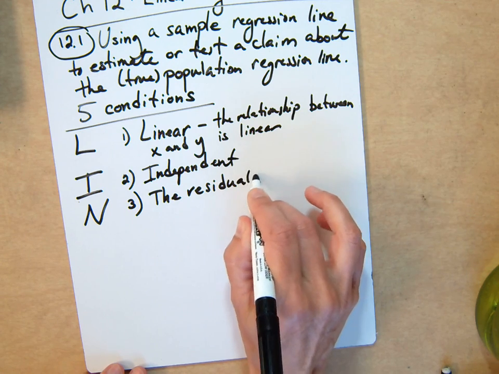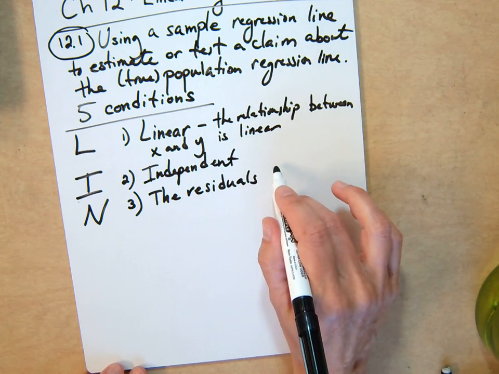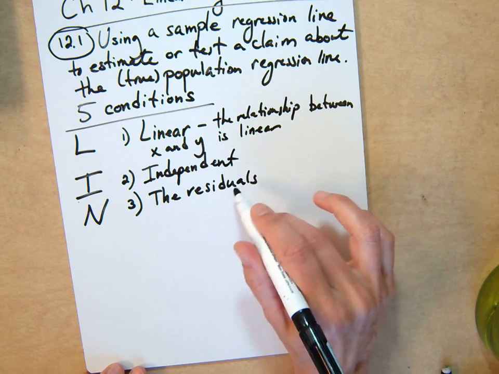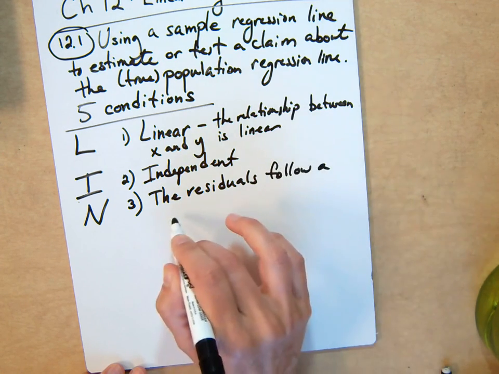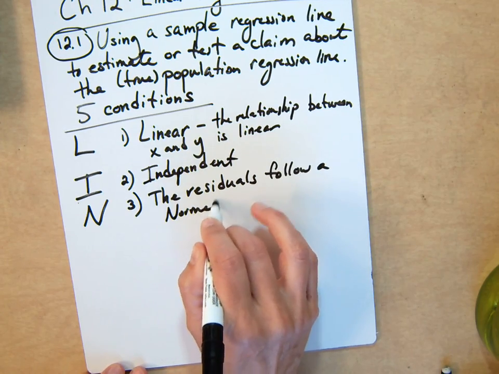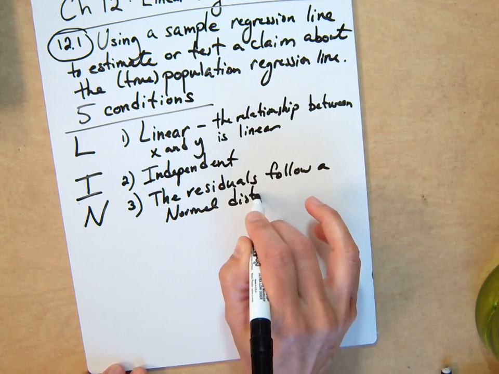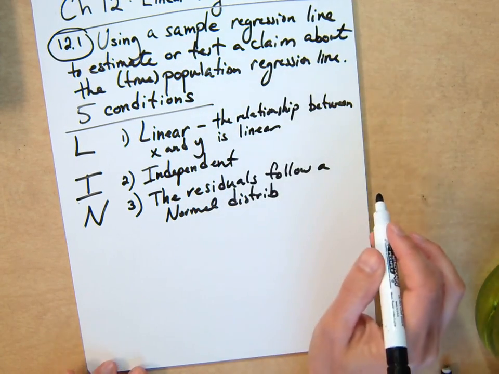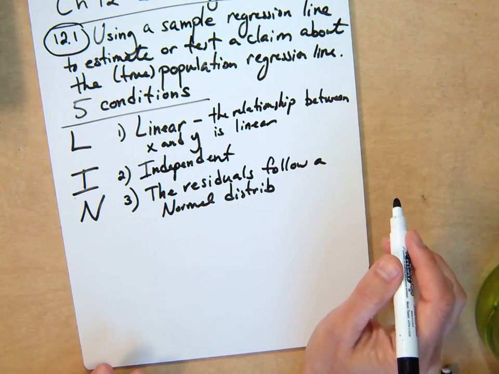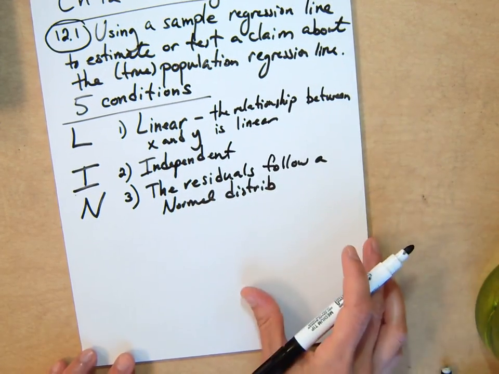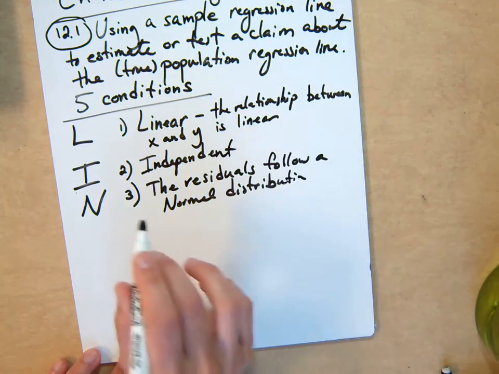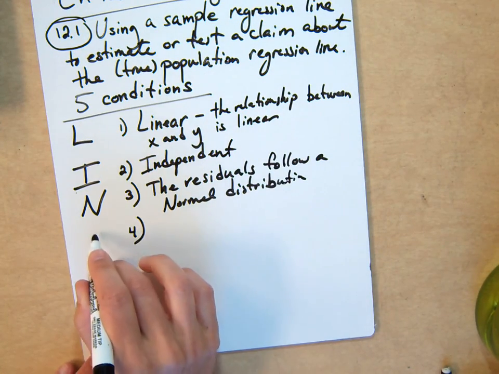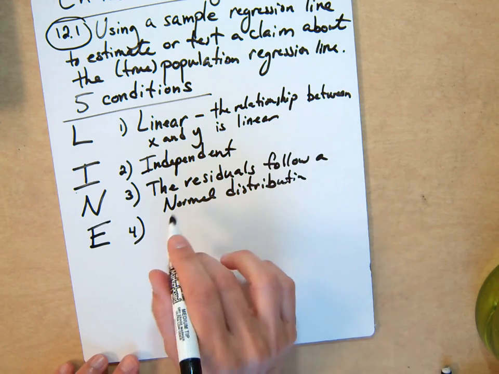We need the residuals to follow a normal distribution, and there are a couple of ways of checking that. We can do a histogram or a normal probability plot, and I'll show you some of both.